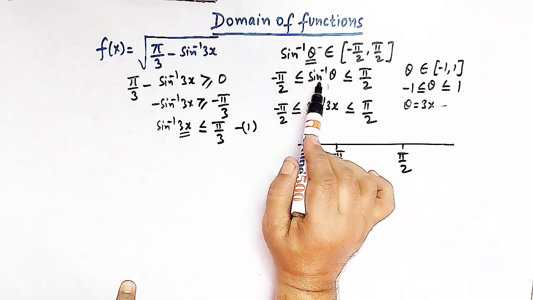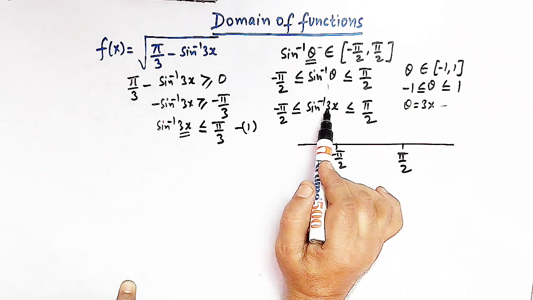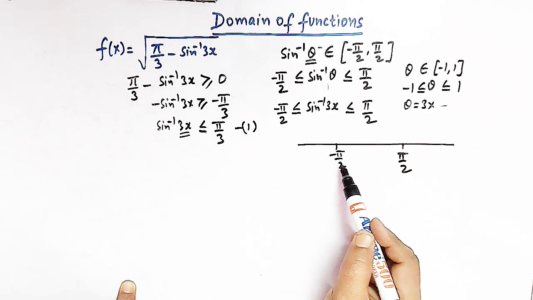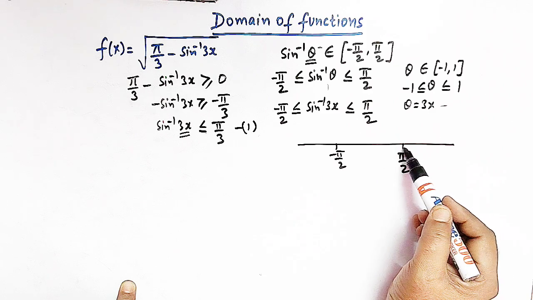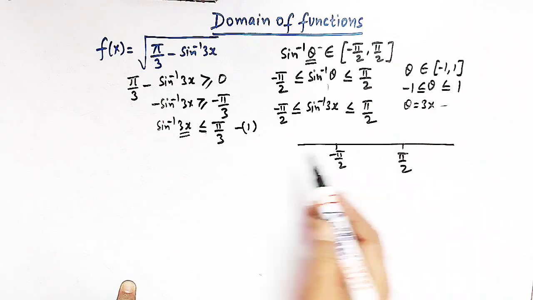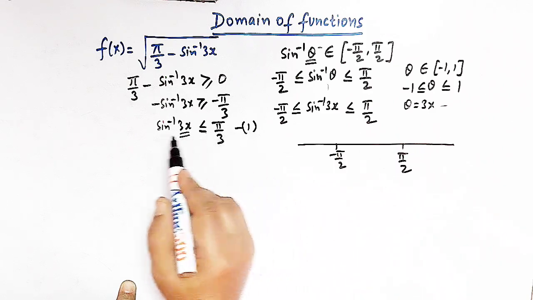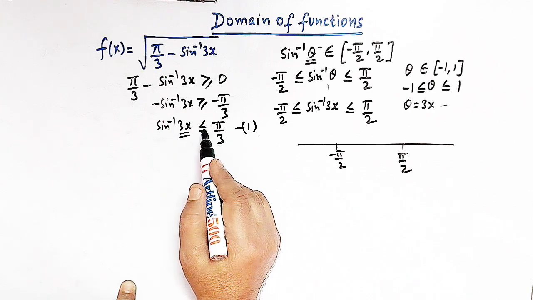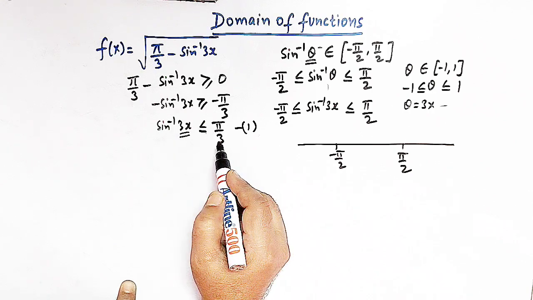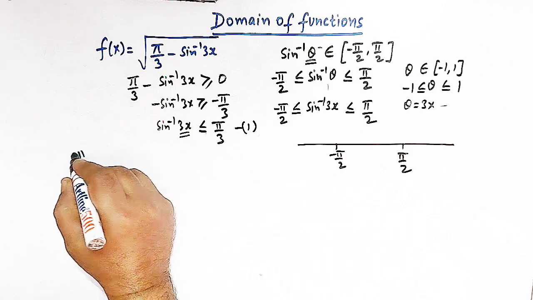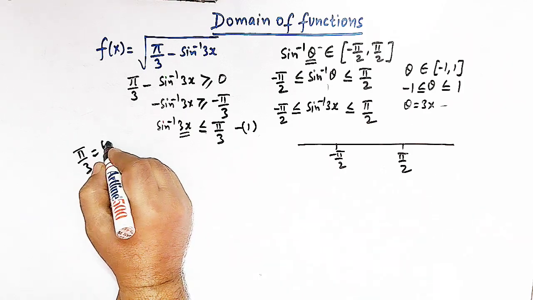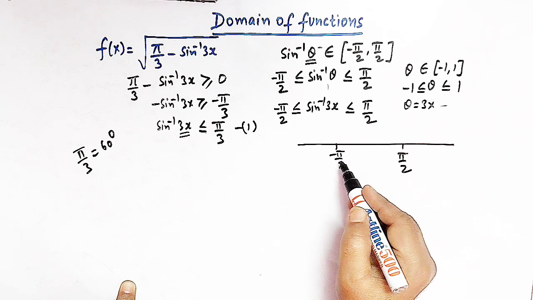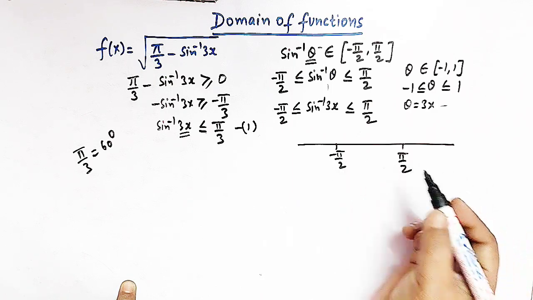According to this definition, sine inverse 3x should be greater than or equal to minus pi by 2 but less than or equal to pi by 2. But from this inequality we have sine inverse 3x should be less than or equal to pi by 3. Now pi by 3 is 60 degrees, right? And pi by 3 lies between minus pi by 2 and pi by 2.